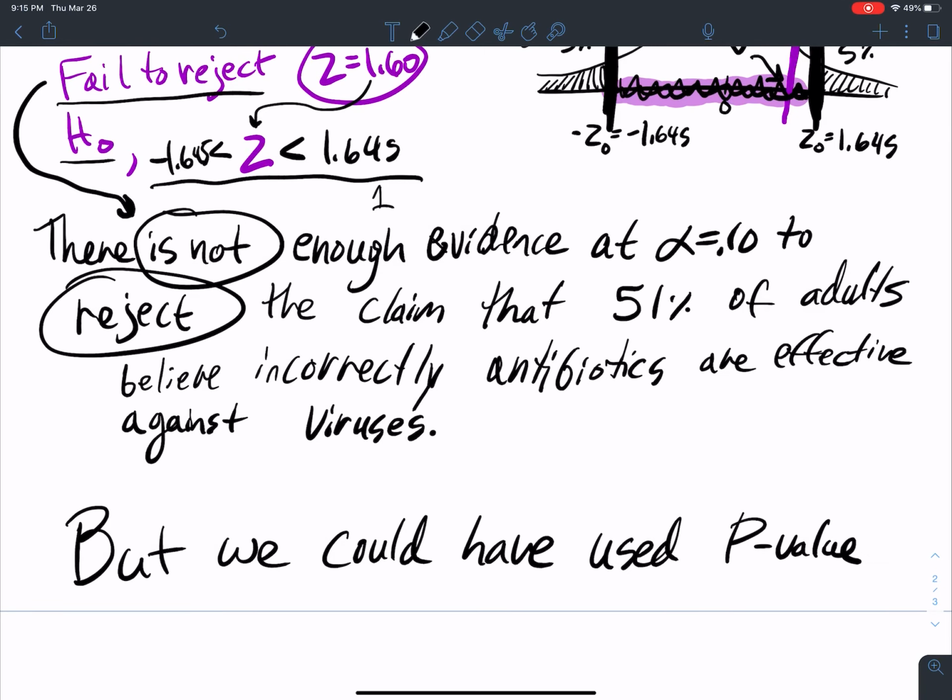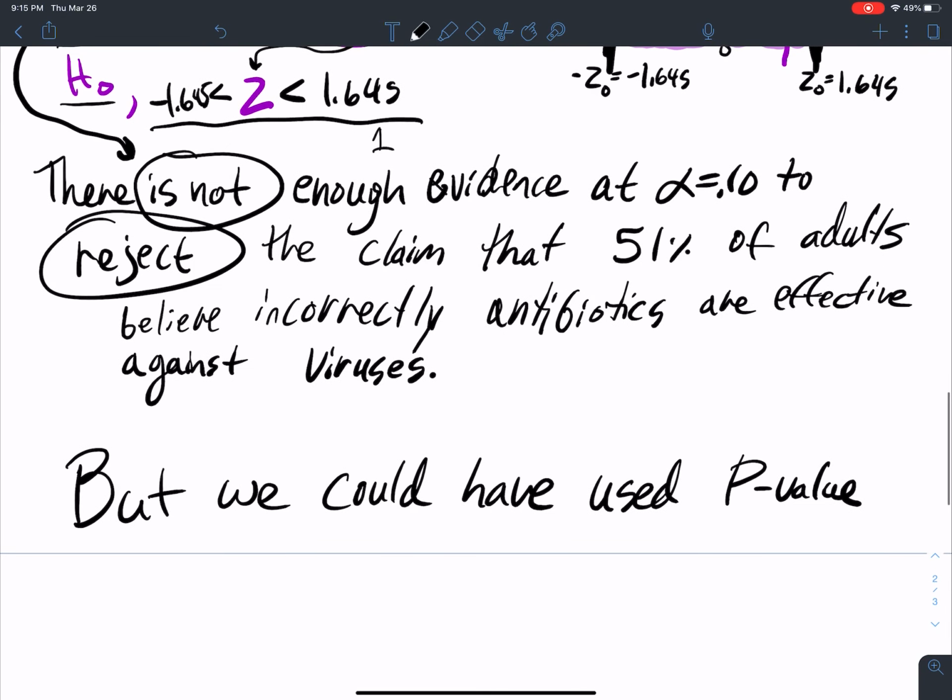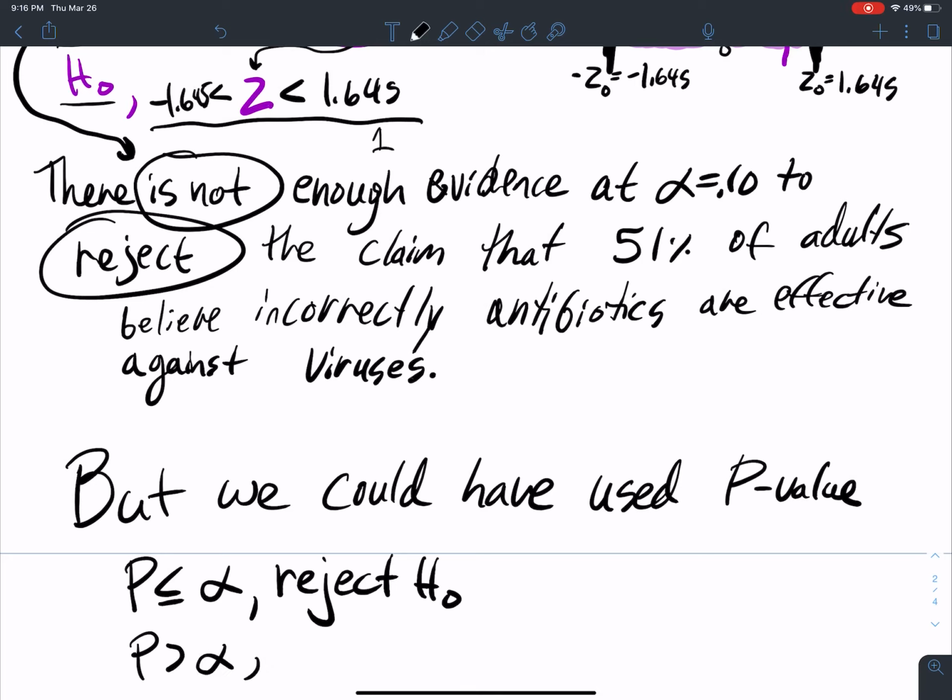To use the p-value, the p-value says what? If the p is low, the null must go. Reject the H0. If the p is big compared to alpha, bigger than alpha, I fail to reject the H0, the null hypothesis. Those are my two options.